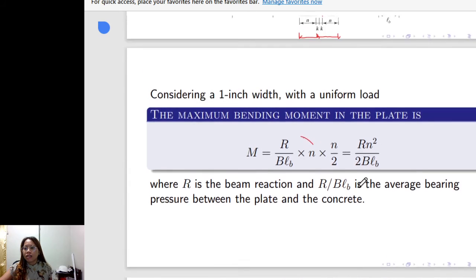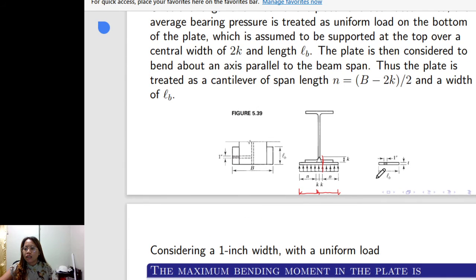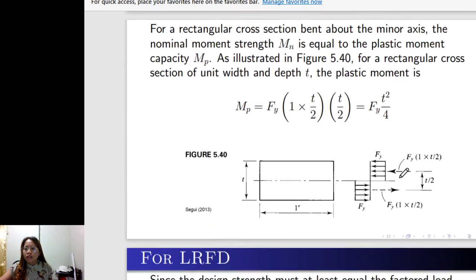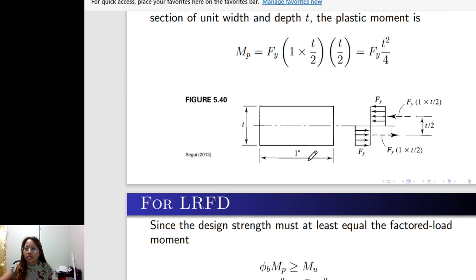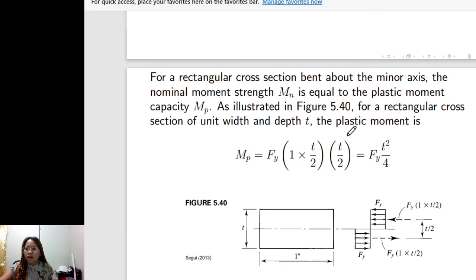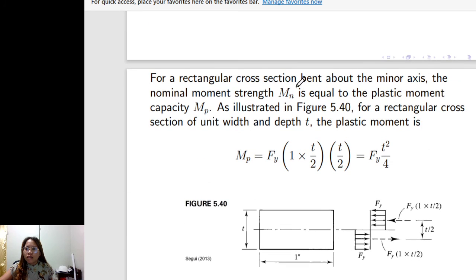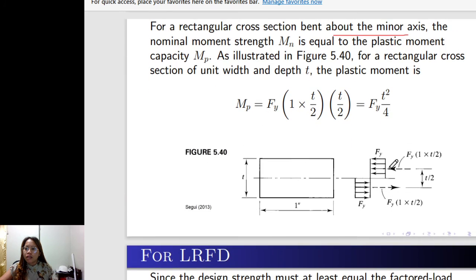Actually, considering the 1 inch length, you can enlarge it here. This will look like this, this is 1 inch and a thickness t, bent about the minor axis, so you'll have the moment.